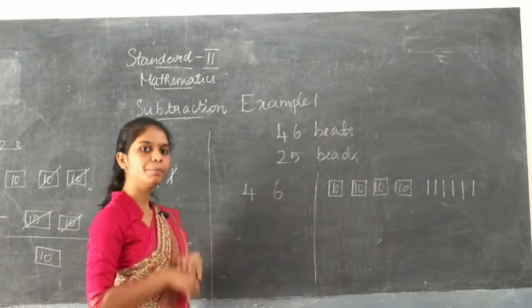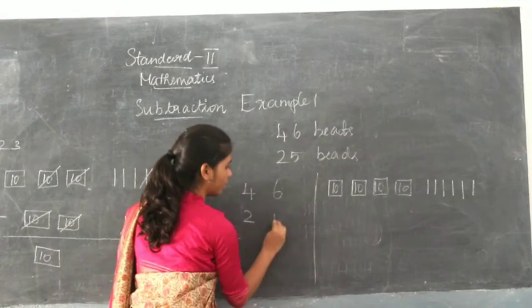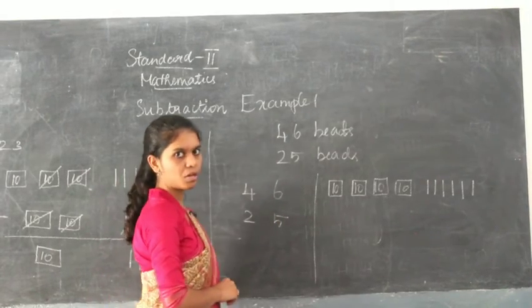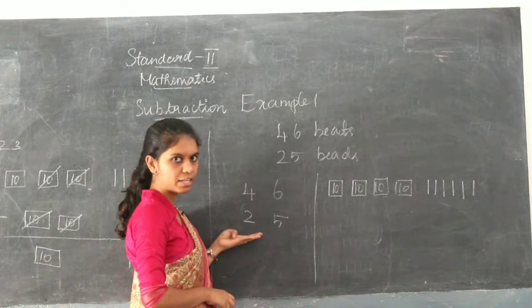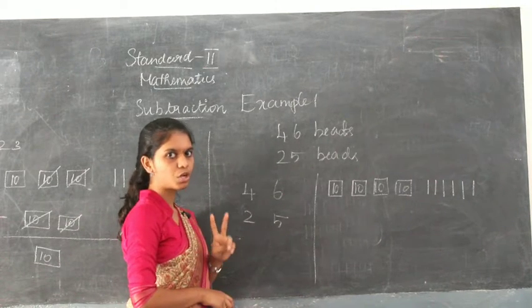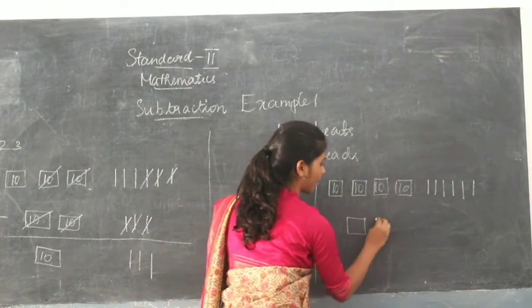Now how many beds did she give away? 25. So you will write 2, 5. Now what you should do? You should look into the tens place. In the tens place, what is the number? 2. So how many tens should you put? 2, right? So 1, 2.